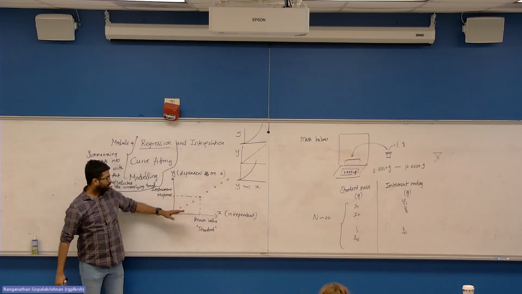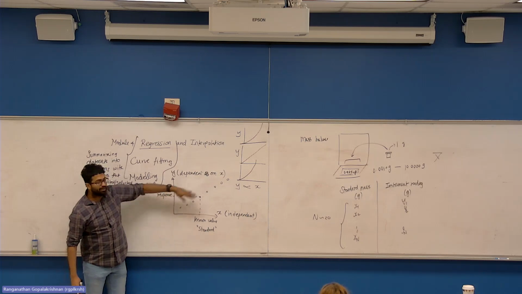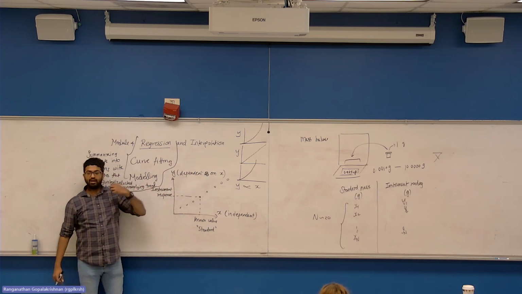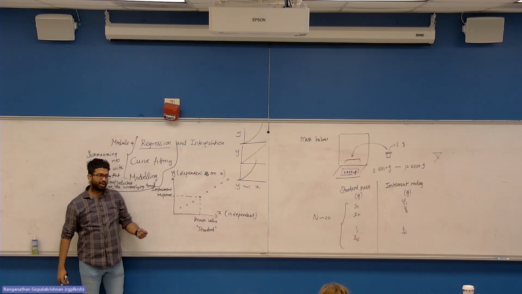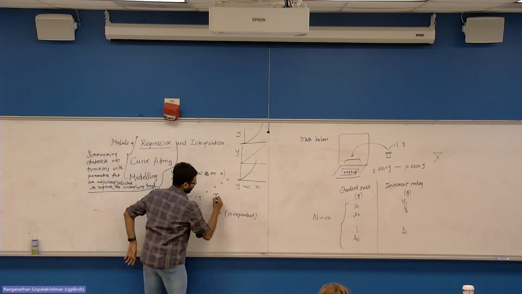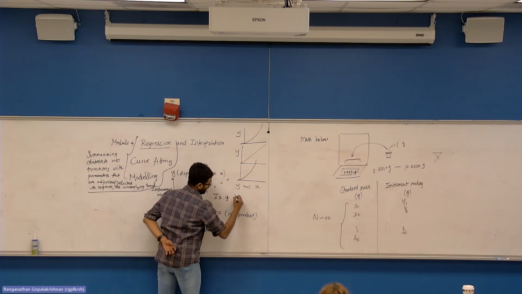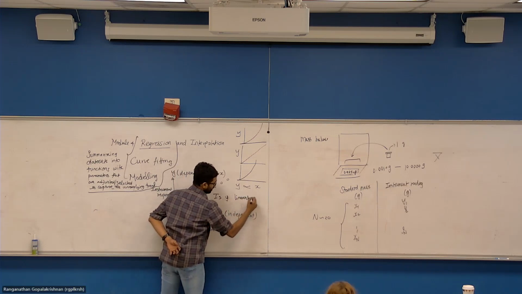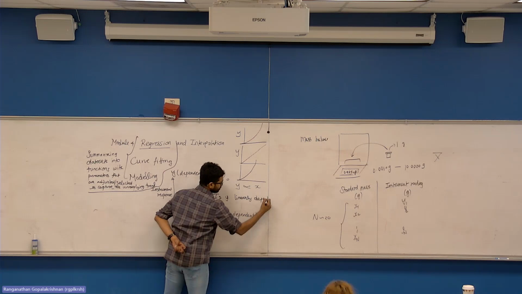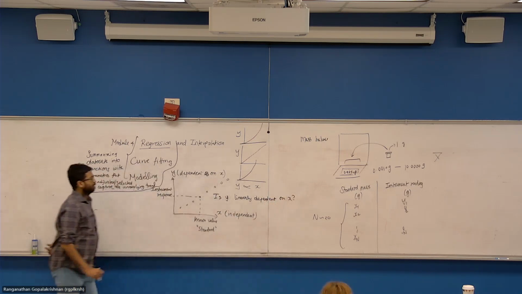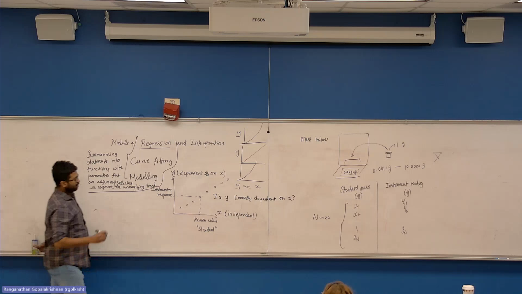And now you can see that y is trending with x, meaning as x increases, y increases. And we just want to start by asking a very simple question. Is y linearly dependent on x? We want to ask a very simple question.